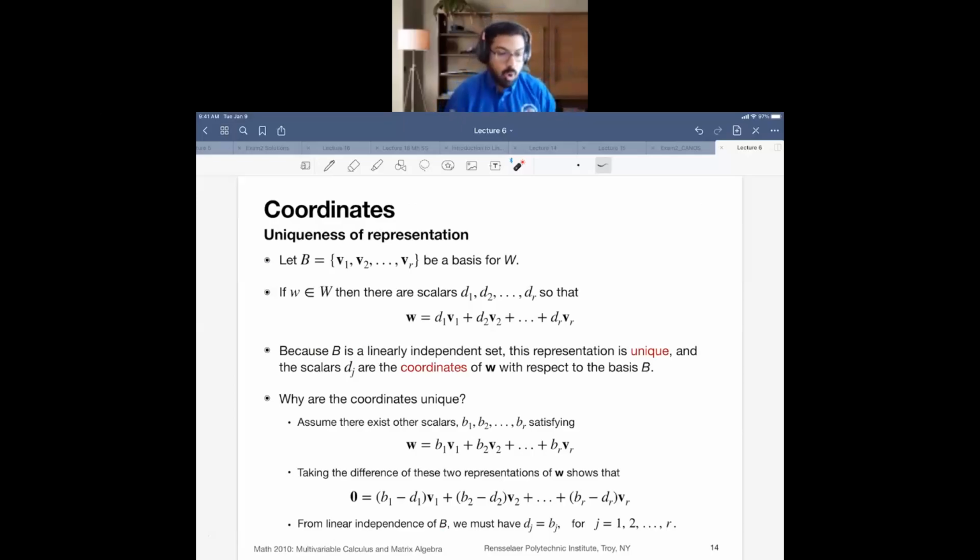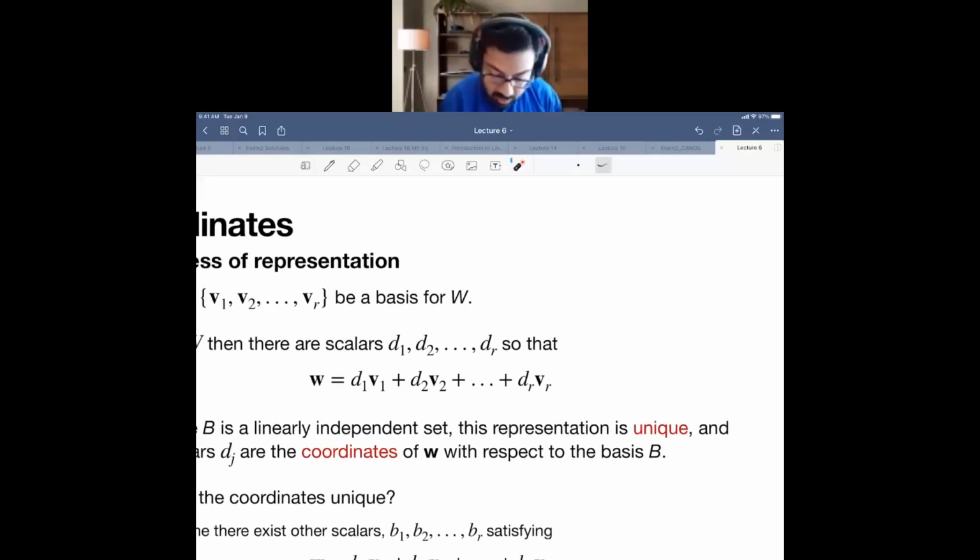Now let's talk about coordinates. Coordinates are essentially how much of each basis vector do I need? So let me just write this down.